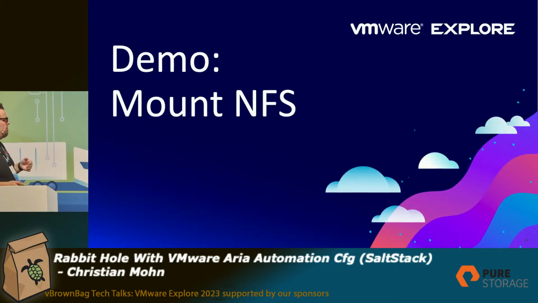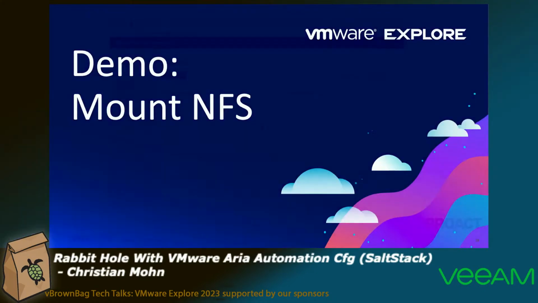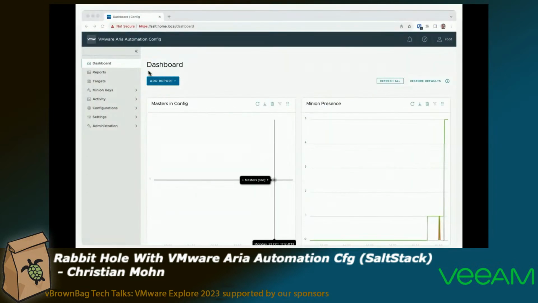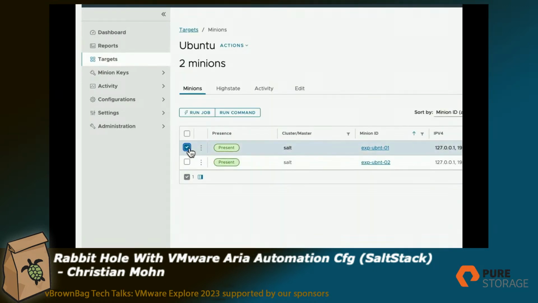Another example is mounting NFS. You want to have an NFS export mounted on your Linux machines. Okay, it's an easy thing. I mean, it's not a big deal, but there's some fun things in there as well. So, same thing. I've created a job, targeted Ubuntu.